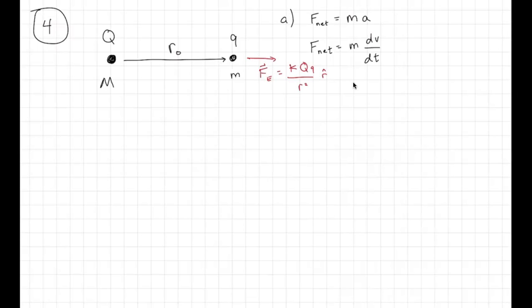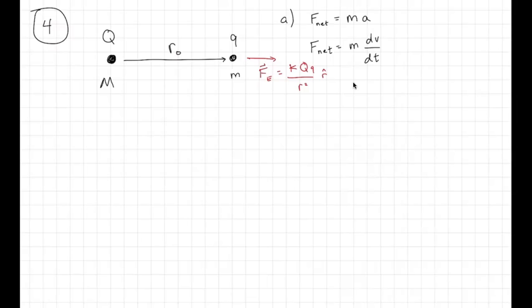Although if you think about it, it's really kind of the same thing as gravity, right? Because the electric force has the same form as gravity. So we should expect the solutions to a differential equation with Coulomb's law to look really similar to solutions with Newton's law of universal gravitation.